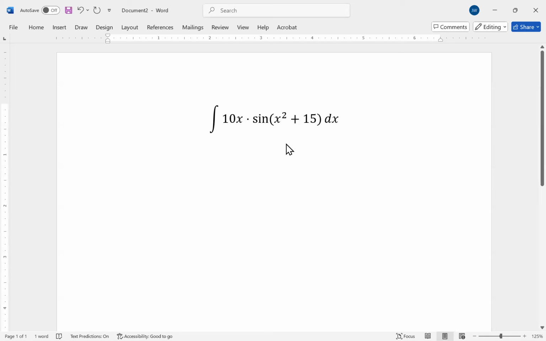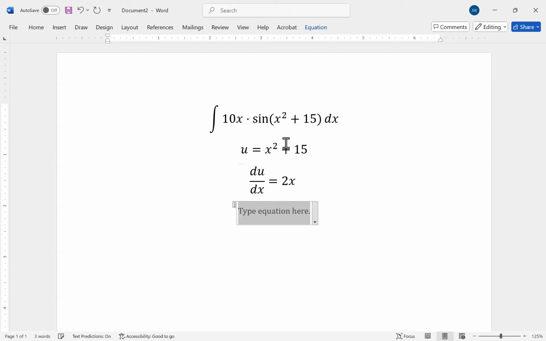If you want to try this on your own, go ahead and push pause. Otherwise, I'm going to do it now. So our inside function is u equals x squared plus 15. The derivative of u with respect to x is going to be equal to 2x. So my differential exchange is going to be du is equal to 2x times dx.